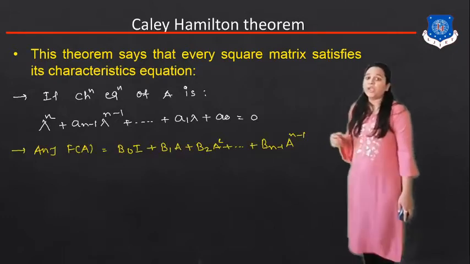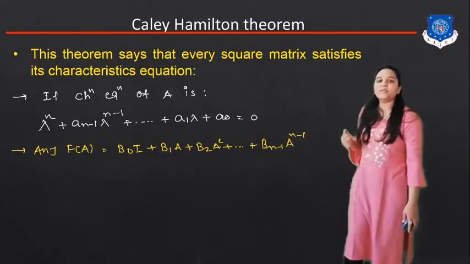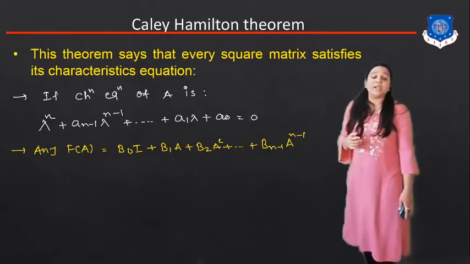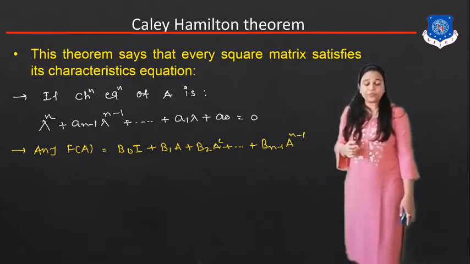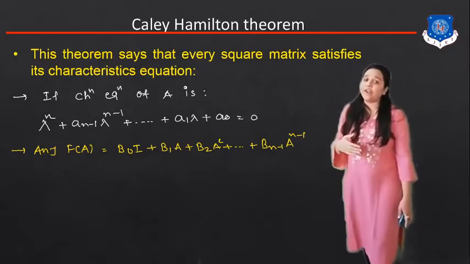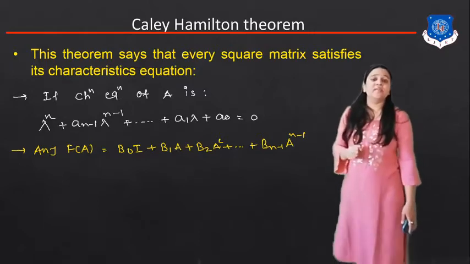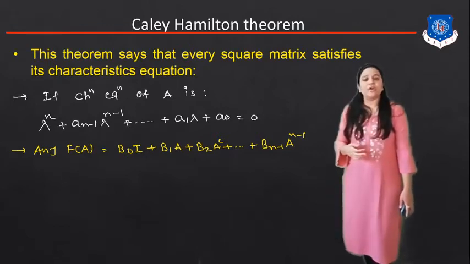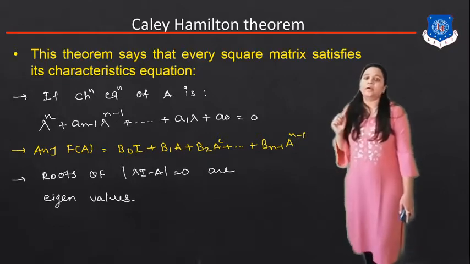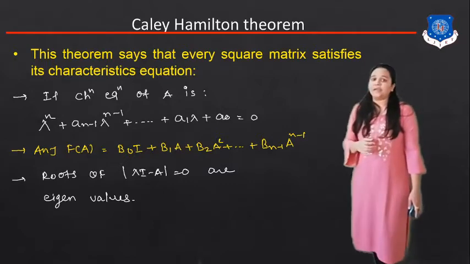Now any function of A is equal to b0 I plus b1 A plus b2 A squared plus up to b_(n-1) A raised to n minus 1. So if we can find the value of the function of A, we will know the values of b0, b1, b2, and the A matrix is given in this example or system. The roots of this particular equation are given by the determinant of lambda I minus A equal to 0.